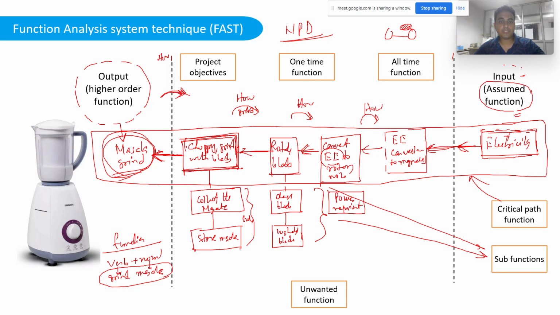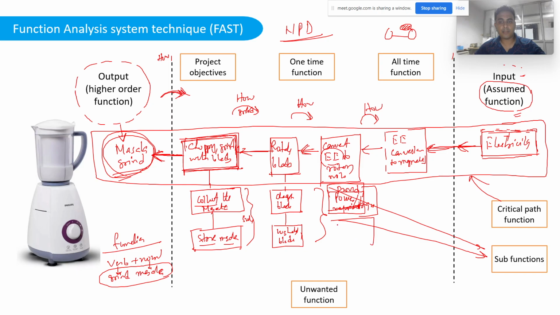Like collect masala, store masala, change blade. This is how you write down the functionalities. Power requirement is not a functionality; you say provide power or torque, because you need torque.